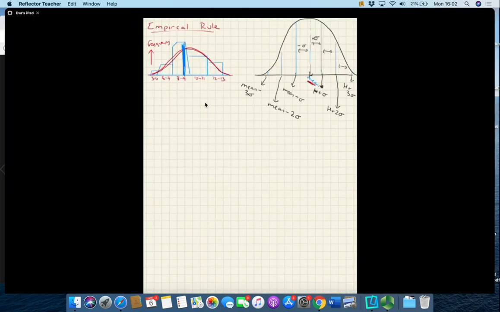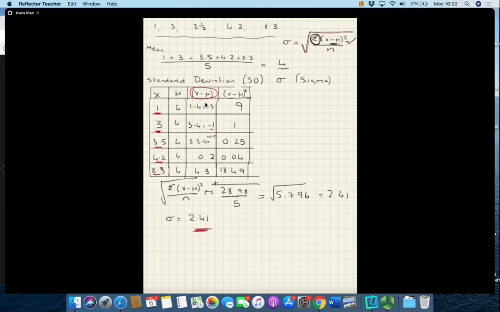if I fill values into this normal distribution, let me draw a quick normal distribution for this data. Okay, that's my mean of 4 in the middle. If you remember, we calculated 4 for the mean.